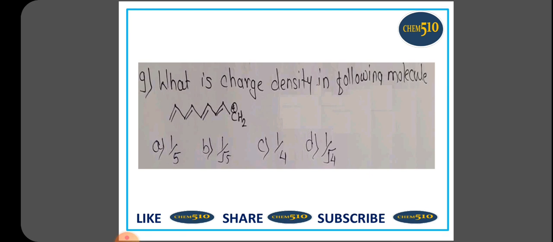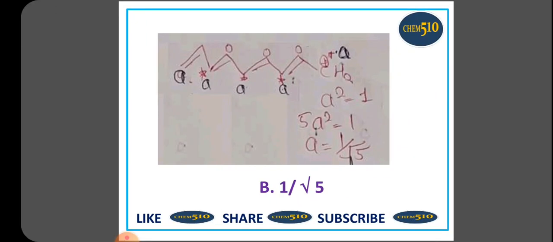Ninth, what is the charge density in the following molecule? The molecule is given here and the options are: A 1 by 5, B 1 by root 5, C 1 by 4, and D 1 by root 4. This question is from the calculation of charge density using molecular orbital coefficients. So the explanation is here.